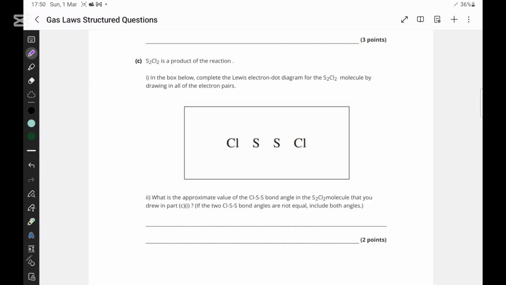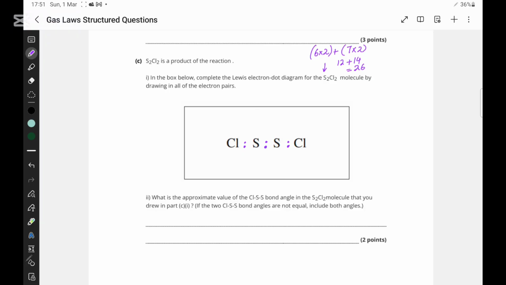S2Cl2 is a product of a reaction in the diagram below. Complete the Lewis electron dot diagram for S2Cl2. So first of all, the valence electrons for sulfur are how many? That is 6 times 2, because there are 2 sulfur, and valence electrons for chlorine are 7 times 2, and that is going to become 12 plus 14, which is 26. So first draw the bonding electrons.